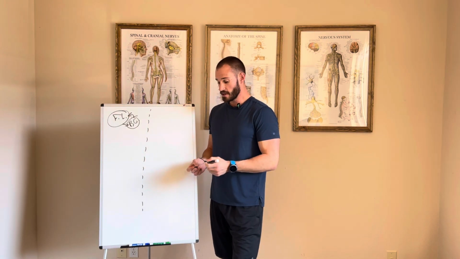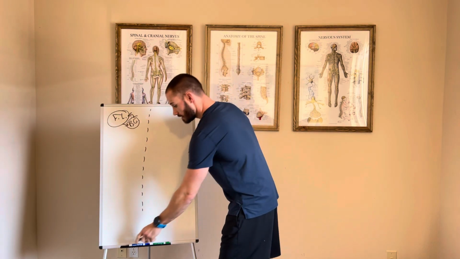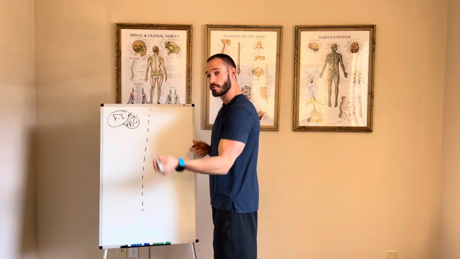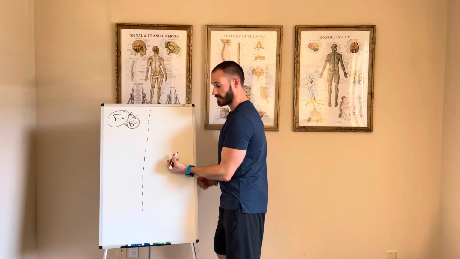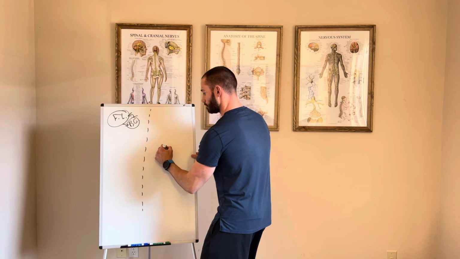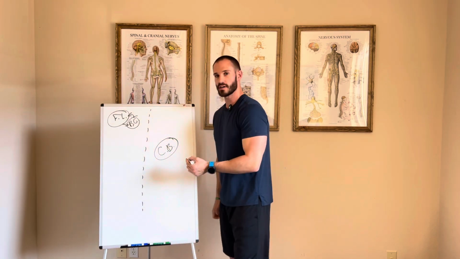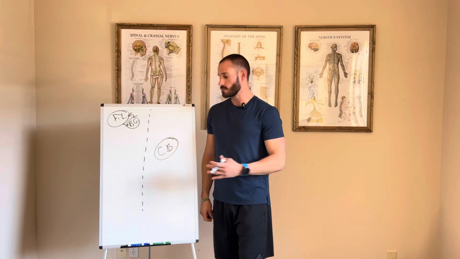The frontal lobe then in turn has to talk to a part of the brain on the opposite side of our body called the cerebellum. The cerebellum deals with the ABCs. Think about accuracy, balance, and coordination. It also deals with a lot more, but for right now, that's the easiest way to think of it.